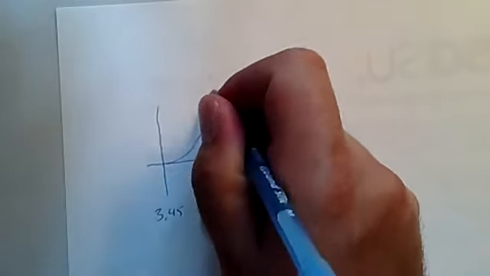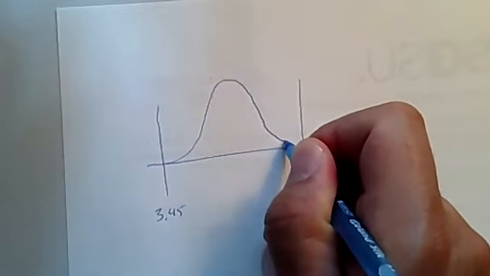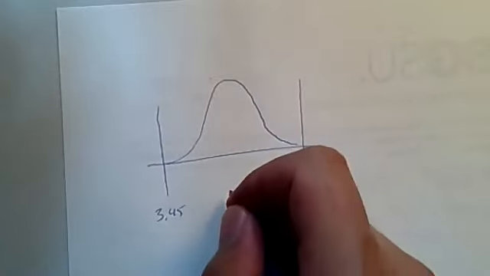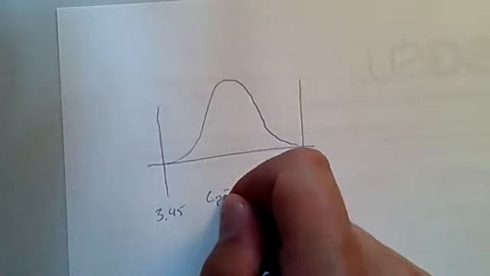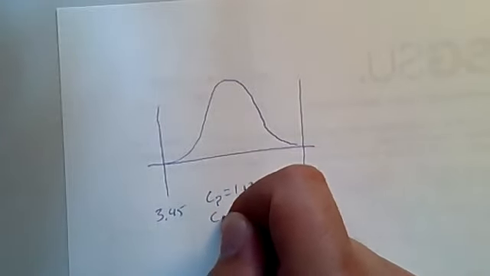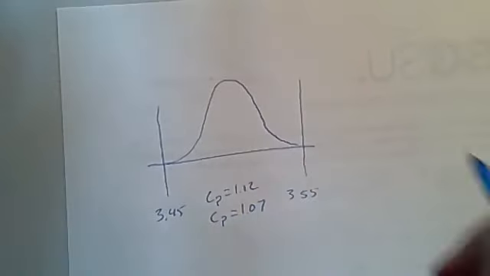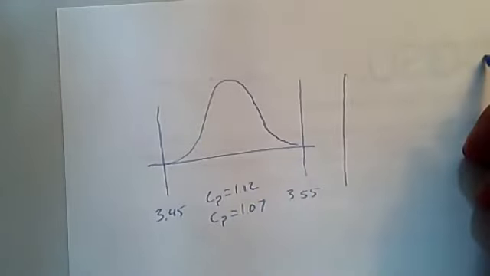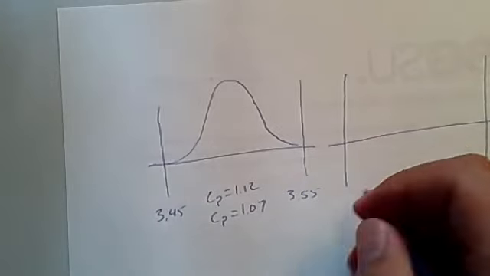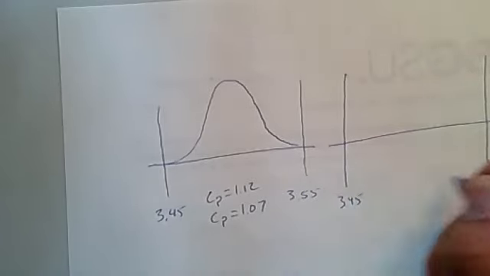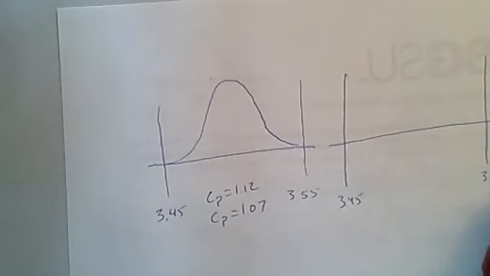We have a distribution that looks kind of like this. And we just found that the Cp was 1.2 and the Cpk was equal to 1.08. I'm going to now replicate that here. I'm going to try to draw this. This is, again, 3.45, the lower specification limit, 3.55, the upper specification limit.